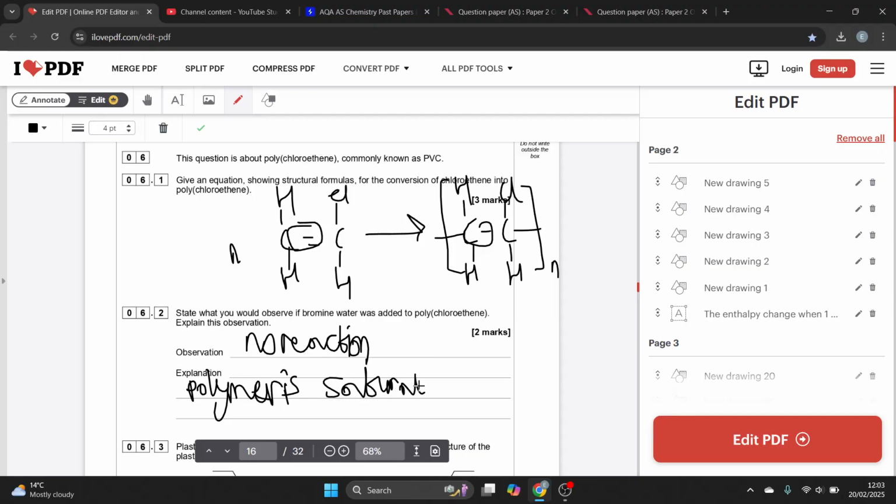Saturated, meaning it does not contain double bonds.